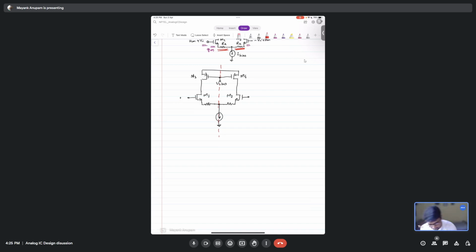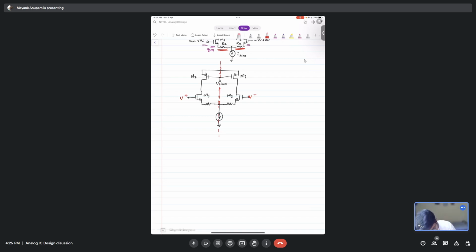Whenever you find such a circuit where you can find an axis of symmetry, if you apply a differential voltage, basically a V plus here and V minus here, anything that is lying on this axis of symmetry will not move at all. It will never vary.